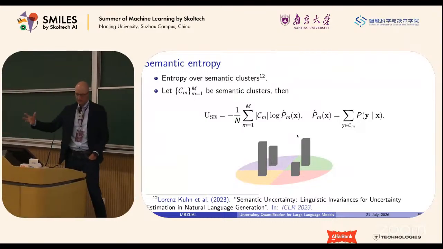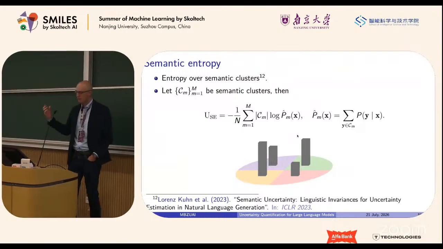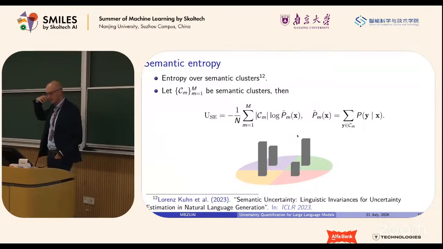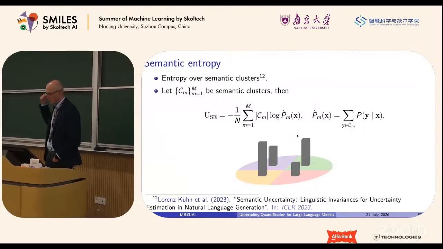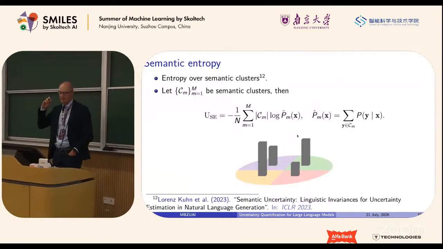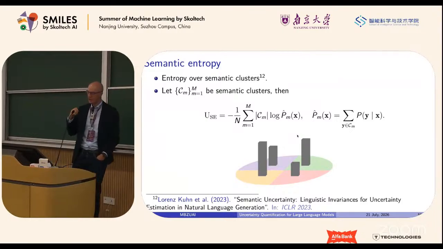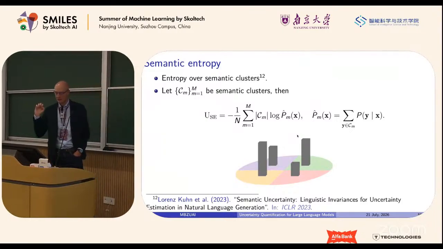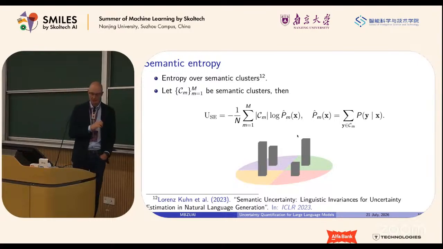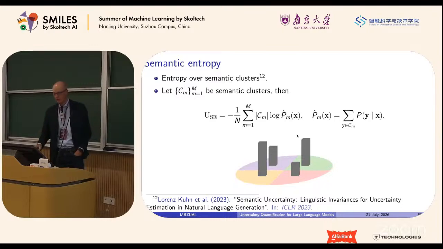So this method quantifies uncertainty, but as I already told you, what we really care about in hallucination detection is the risk that is assigned to the particular answer that is shown to the user.